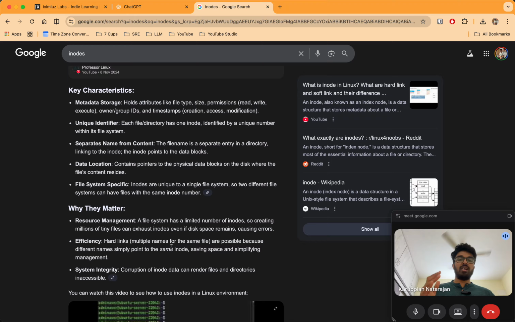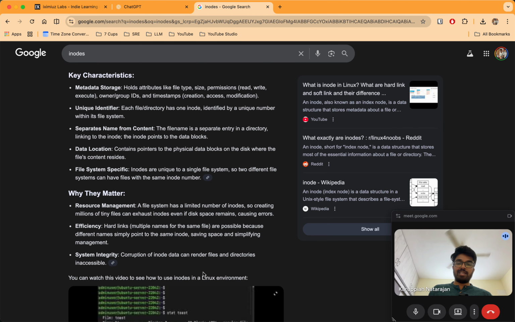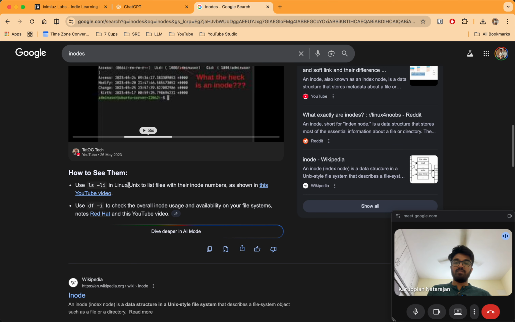Let's say there are 100 inodes, just as an example. If you create 100 files, even if your disk has enough space to store more files than those, it will still say no, this space is not available. Some errors will come up, right? Efficiency, integrity, I will come back to this later. I still haven't read more about it.